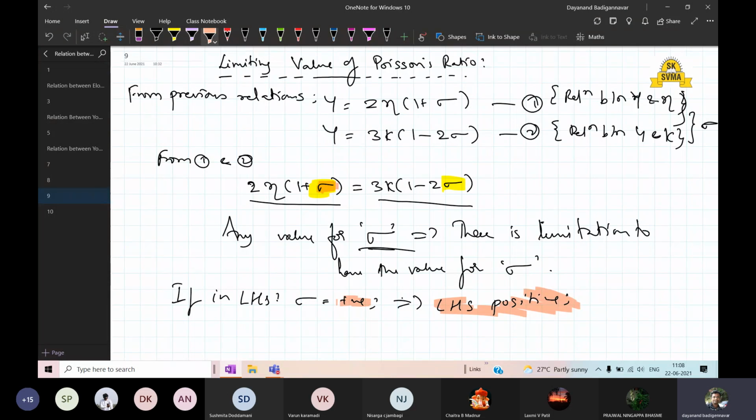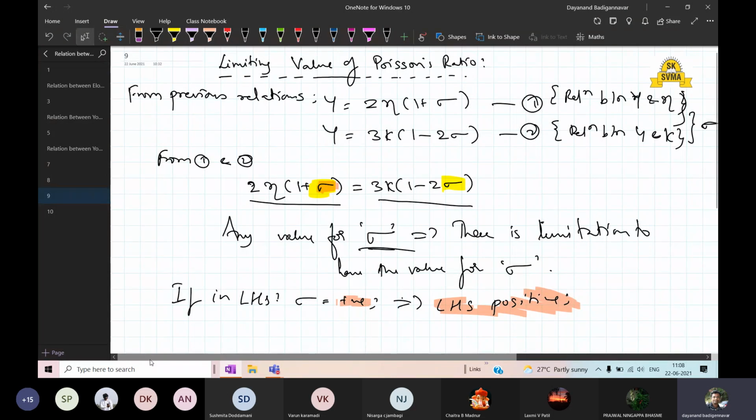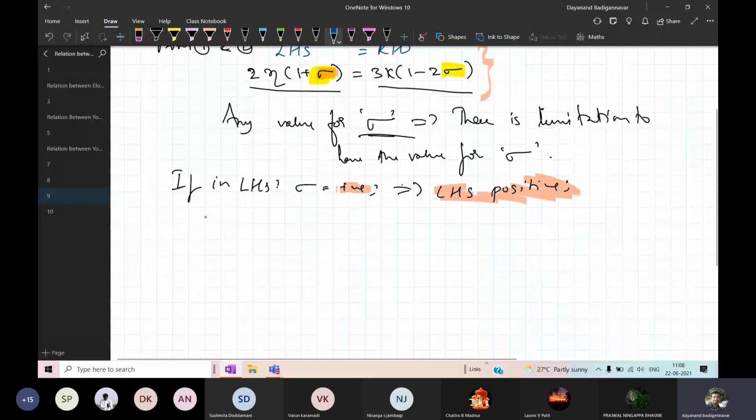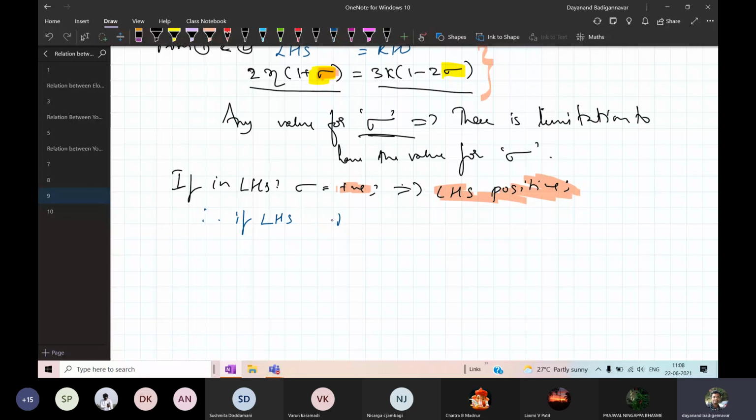Very simple mathematics. But this is an equation where the LHS is equal to RHS. Therefore, if LHS is positive, that implies RHS should also be positive.